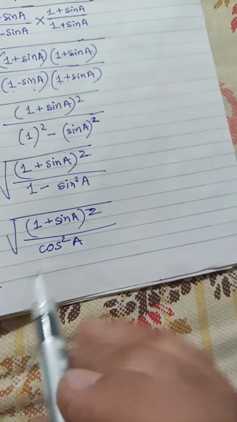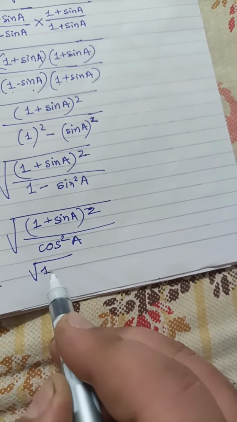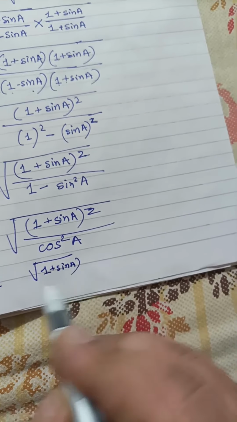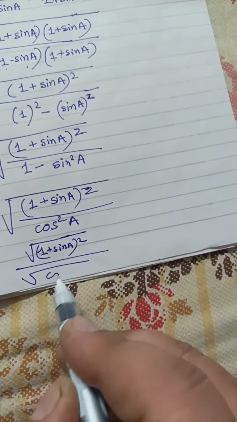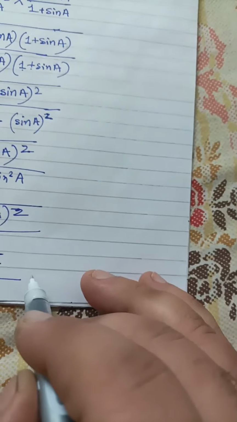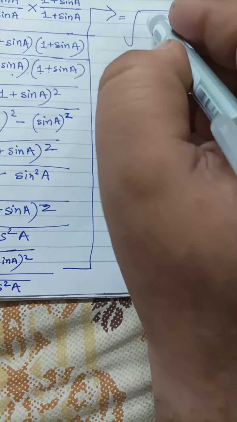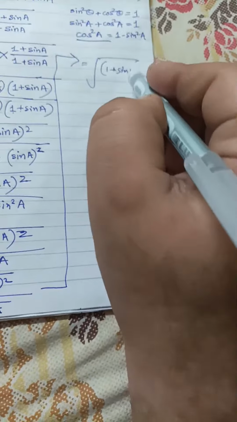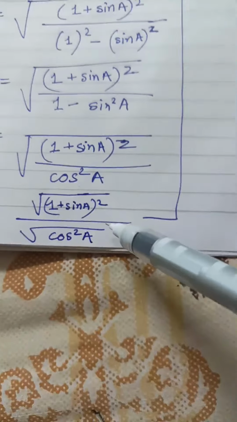Now taking the square root of numerator and denominator, the numerator would become 1 plus sin a raised to 2, and the denominator would become the square root of cos square a. Now let me take this whole step here so that we can proceed further. It is 1 plus sin a upon cos square a.